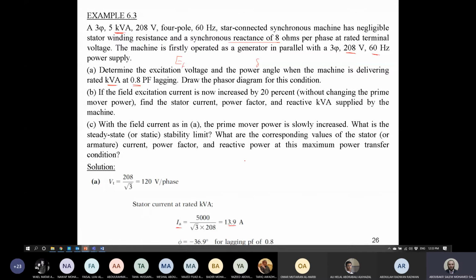So simply we can substitute in the relation EF equals V terminal plus j IA XS. Of course XS is given 8 ohm and we got the current, so we can say now V terminal is equal what, guys?